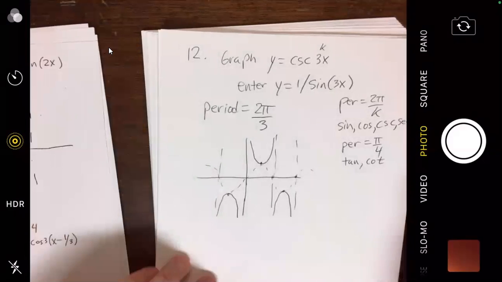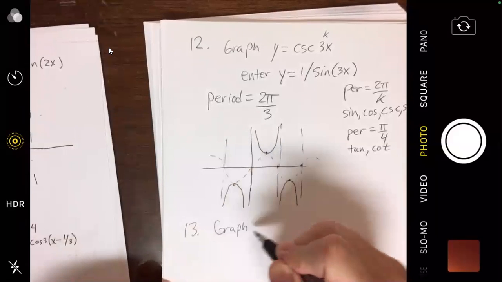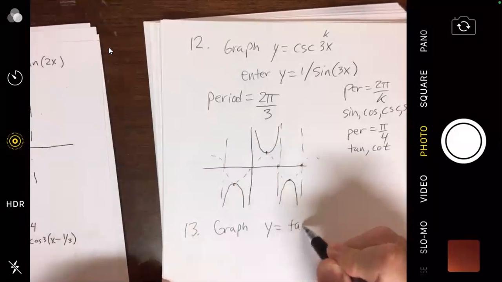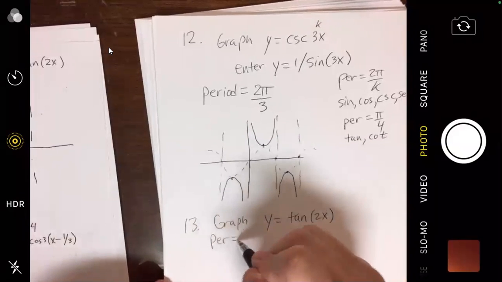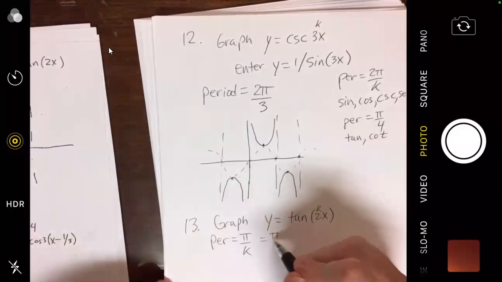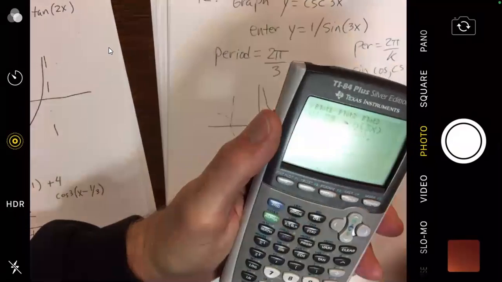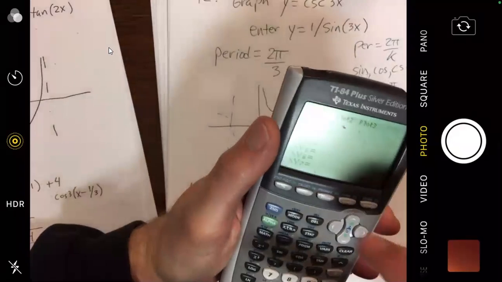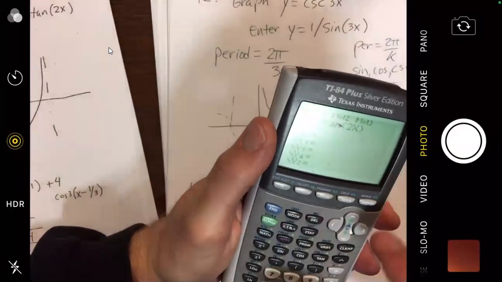All right, graph tangent of 2x, and once again, your period is pi over that k value. This k is this coefficient, and that would be pi over 2. Clear this off, and you want a tangent of 2x.